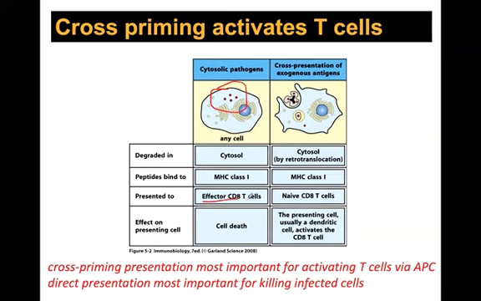These effector CD8 T cells then recognize this on the surface of any cell and will kill it. And we'll talk about how CD8 T cells kill infected cells in the next section of the course.